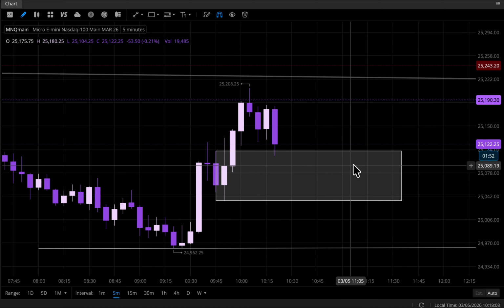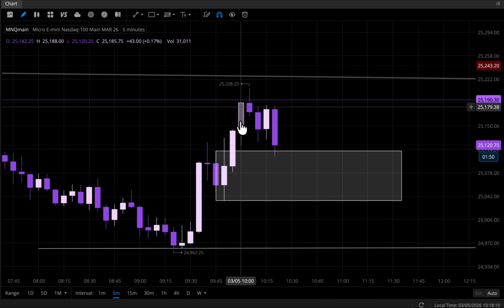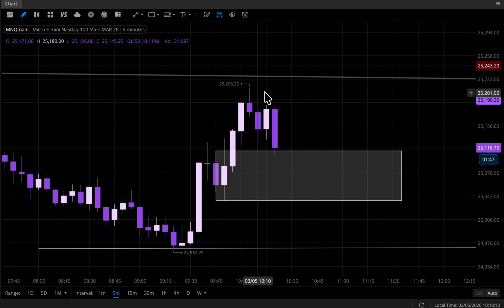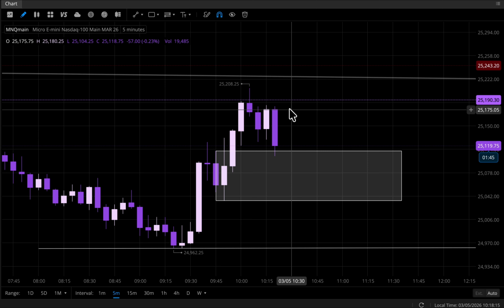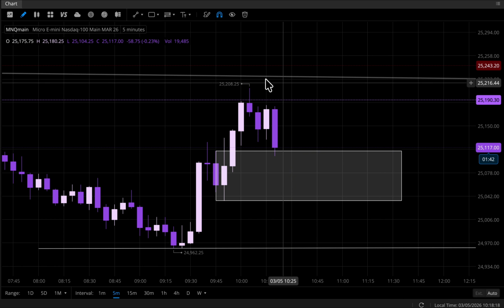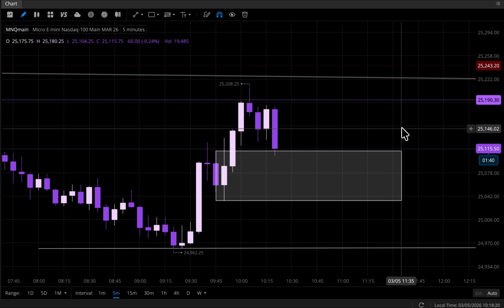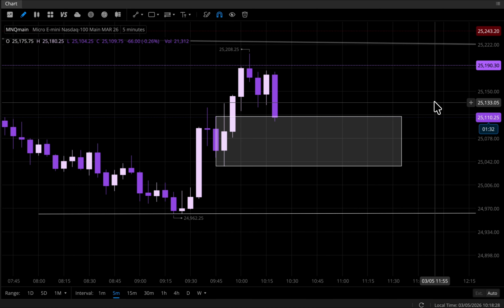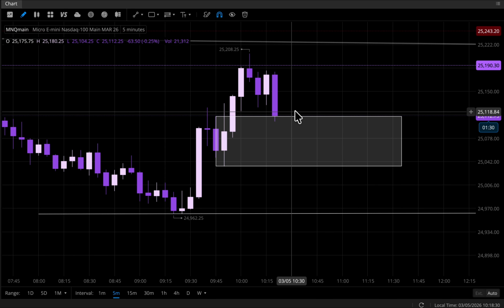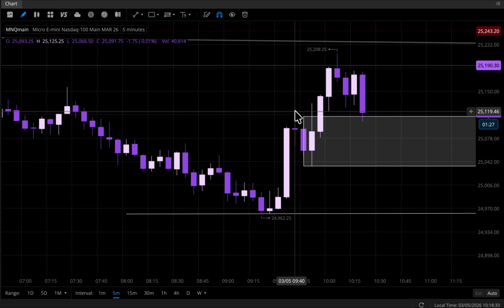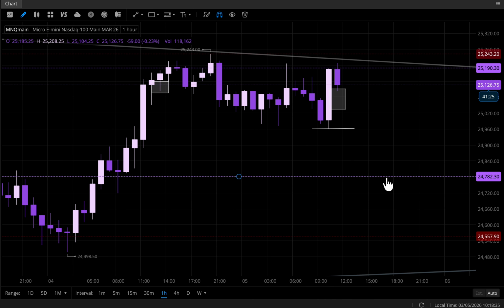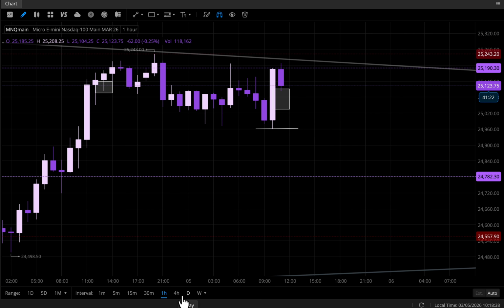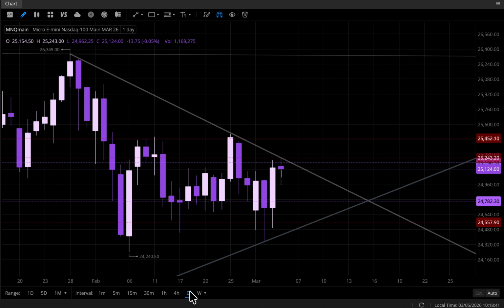So can we push above this trend line? I would really prefer sells because price cannot close above this resistance. And it's 1 minute and 38 seconds left on the timer. So if we get a close outside the zone, we could try for buys, but based on the higher time frame, price can't push above here.